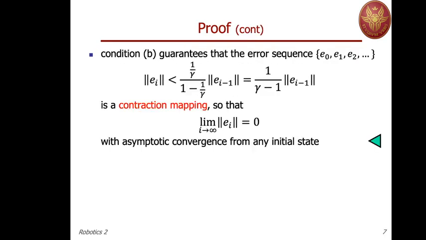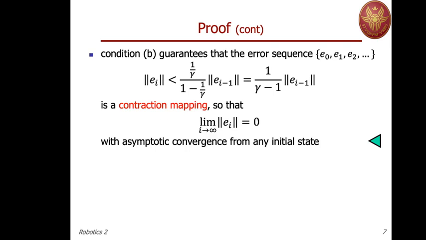Now if you reorganize this inequality, you bring the norm of the error at the end of the ith iteration to the left, you will have 1 minus 1 over gamma, strictly less than 1 over gamma times the error at the previous iteration. And then you divide by this, you simplify, and you end up with this very simple equation that says that the norm of the error at the end of iteration i will be strictly less than 1 over gamma minus 1 times the norm of the error at the previous iteration.